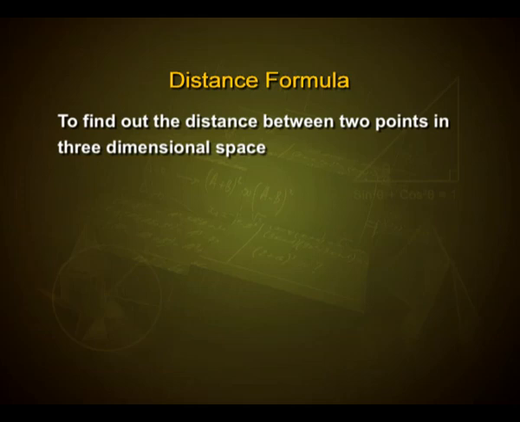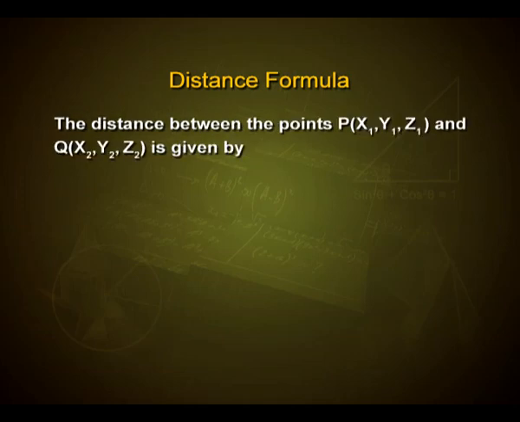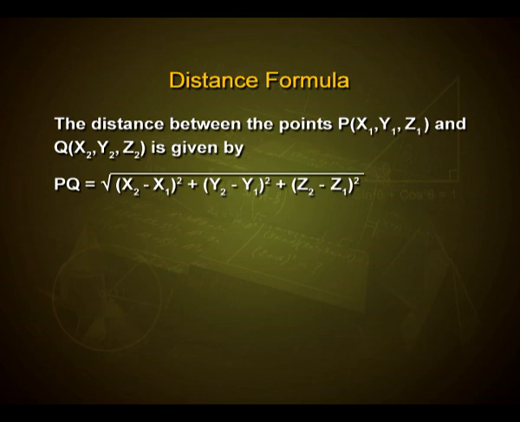three-dimensional space. The distance between points P(x1, y1, z1) and Q(x2, y2, z2) is given by PQ equal to the square root of (x2 minus x1) whole square plus (y2 minus y1) whole square plus (z2 minus z1) whole square.